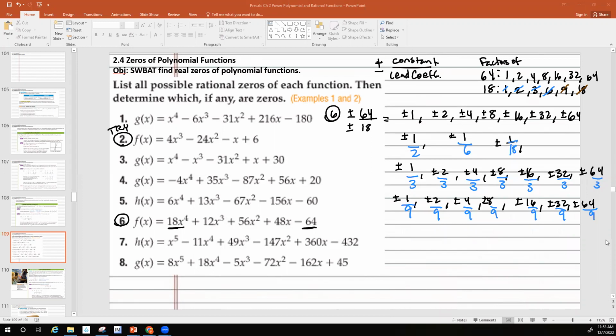Okay. Now we're just going to try each one. You're probably thinking, really? How many is that? This is 1, 2, 3, 4, 5, 6, 7, and times 3, 21, plus 3, 24, times 2, 48 possibilities.